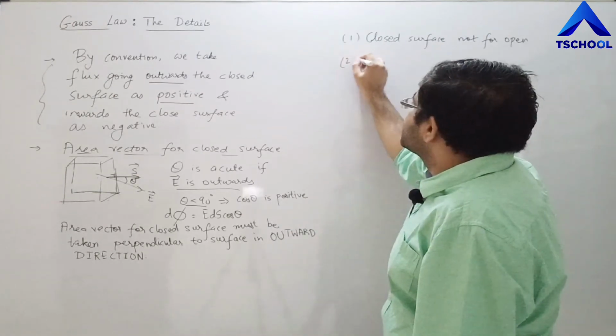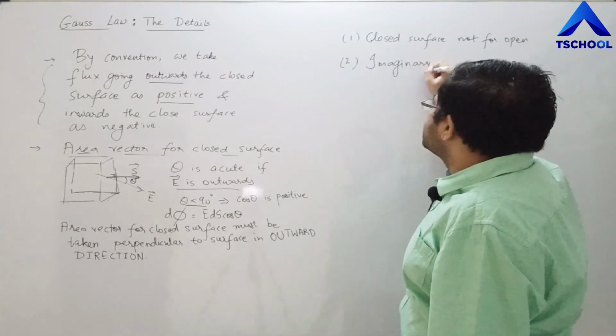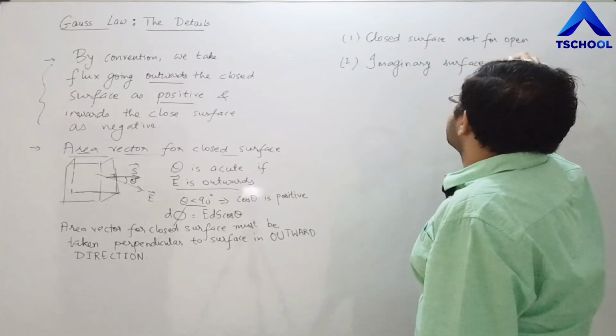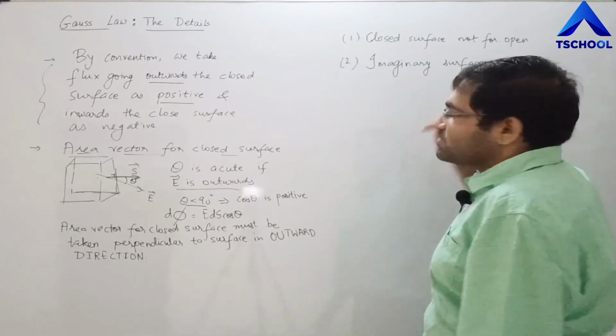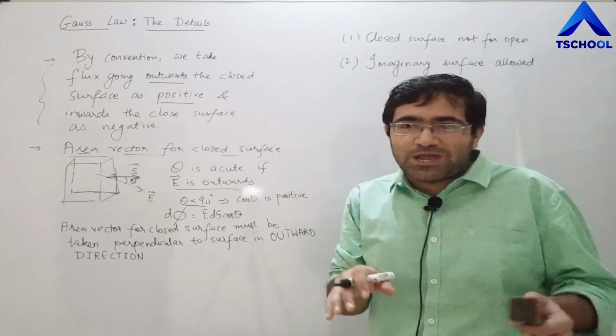Second, the surface may be imaginary. No problem, imaginary surface is allowed. That is, you could imagine a surface on your own. So that means you can actually take any shape.